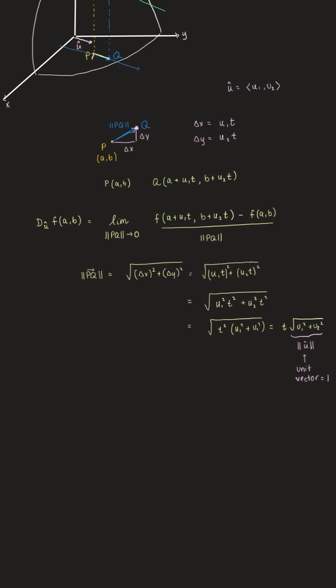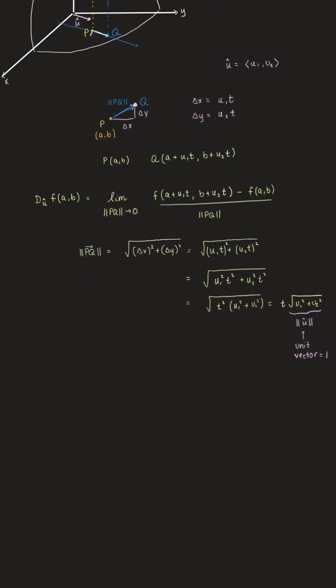So here we go, we have our definition. As PQ approaches 0, so does t approach 0. So we're going to replace the magnitude of PQ with t.